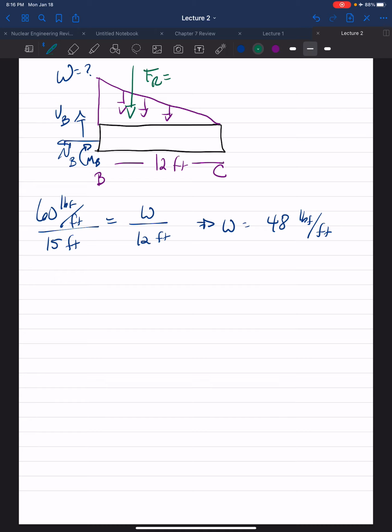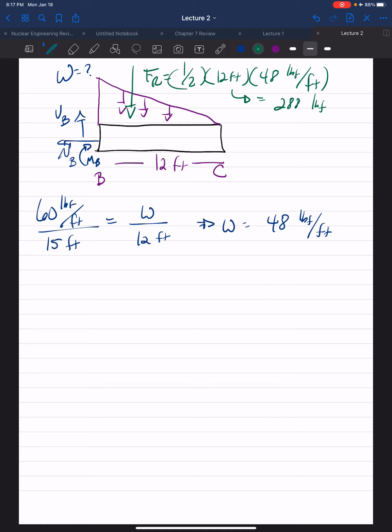This is a triangle, so the area is given by 1/2 the base, 12 feet, times the height or the intensity of the loading, 48 pound force per foot. This is 288 pound force.